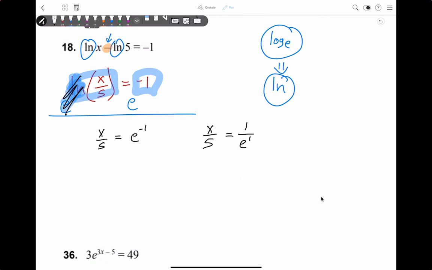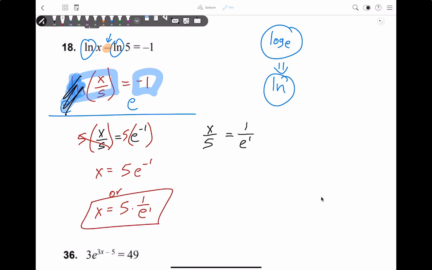And right here, what you can do is just multiply both sides by 5. If I multiply the left by 5 and the right by 5, these cancel to a form of 1, and it would be 5e to the -1, or 5 times 1 over e to the positive 1. They mean the same exact thing. That's what my x is going to be.